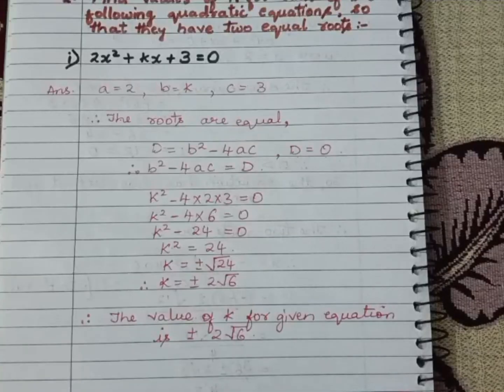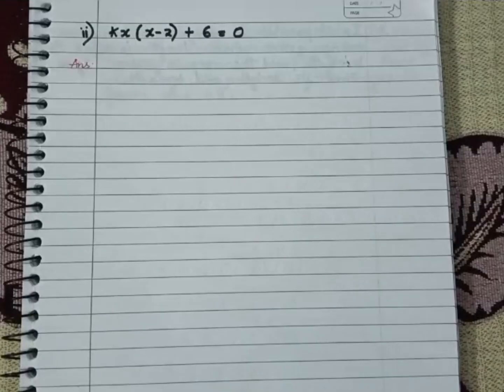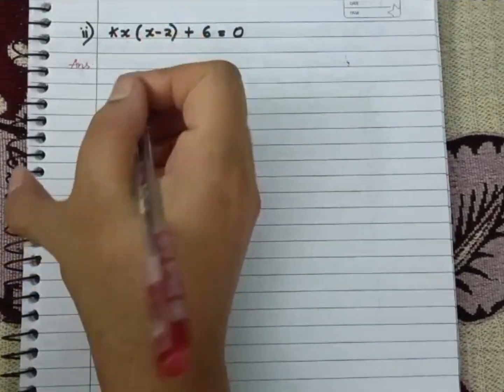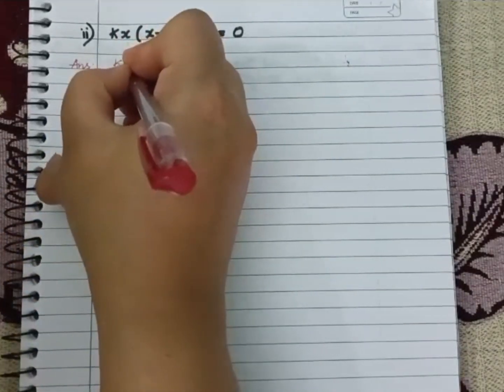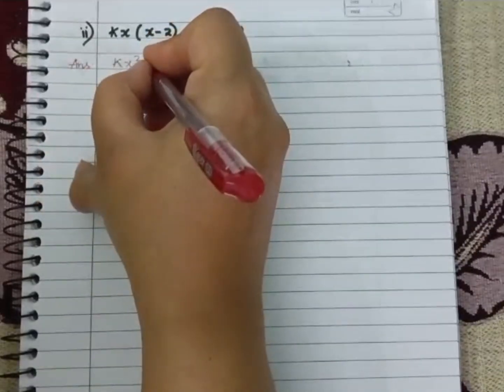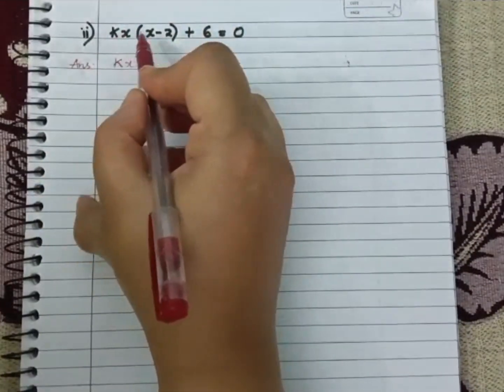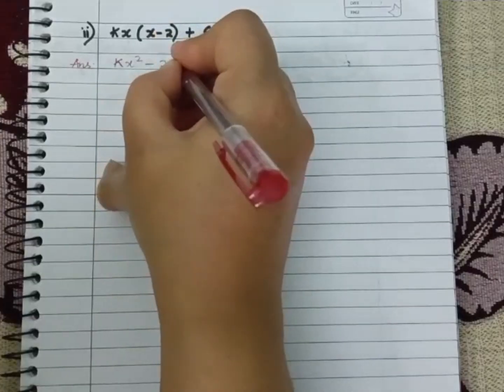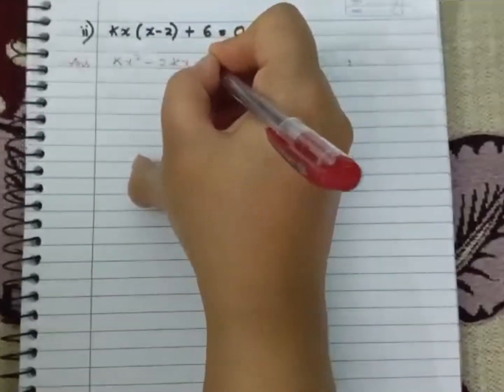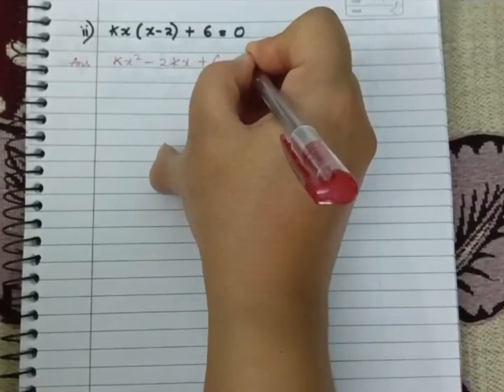So this is the answer for the first sum. Now let us go to the second question. Now the second sum is kx of x minus 2 plus 6 is equal to 0. Now how we are going to do this, answer is kx into x is kx square minus kx into 2 is 2kx plus 6 is equal to 0.